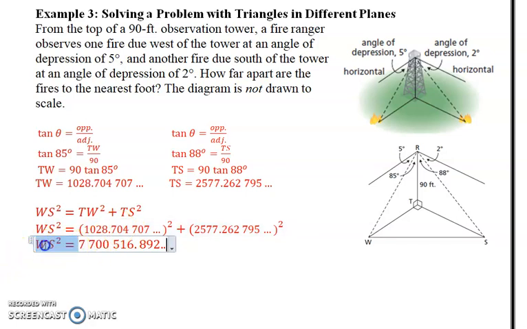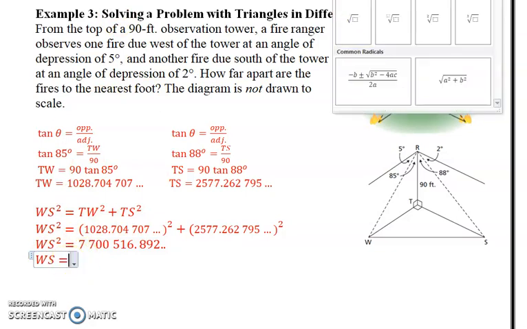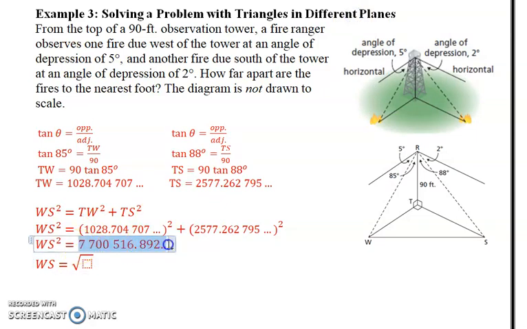Then we've got to take the square root of both sides. So WS is going to equal the square root of that number, which is still in my calculator.